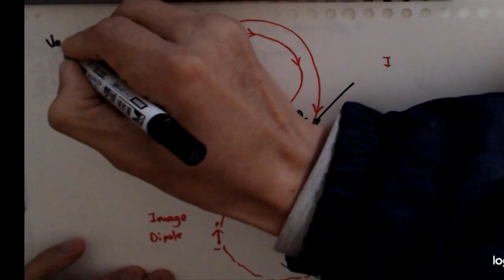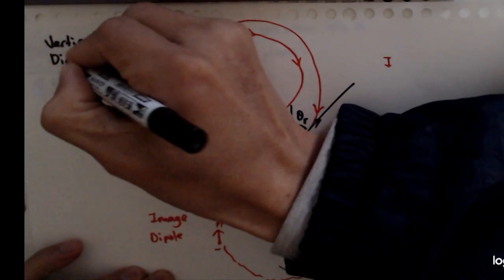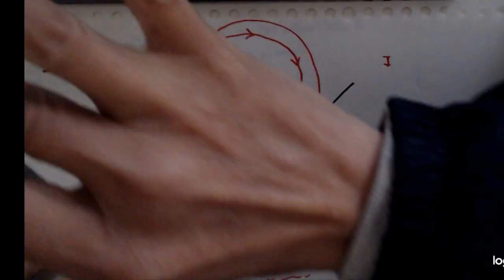Vertical dipole antenna. And if this dipole is physically small, then we expect the current will behave like this.